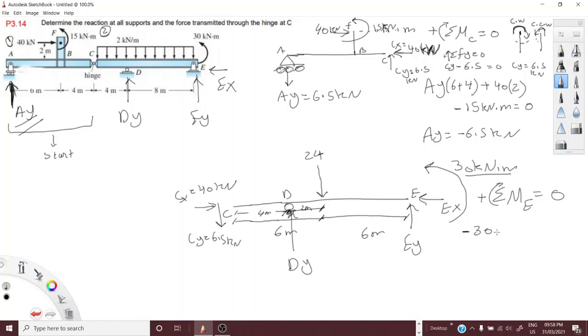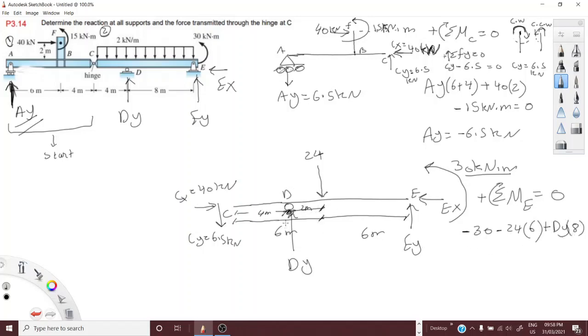So we finish with minus 30. Right now 24, so minus 24 times the perpendicular distance, which is 6 meter, and we have Dy, which is upward, clockwise, plus Dy. We have 6 plus 2, which is 8.